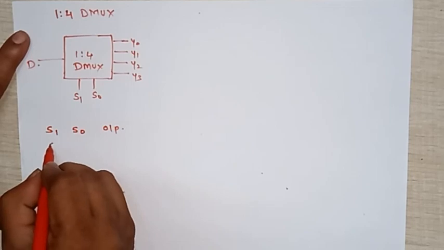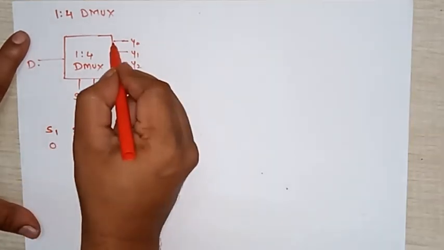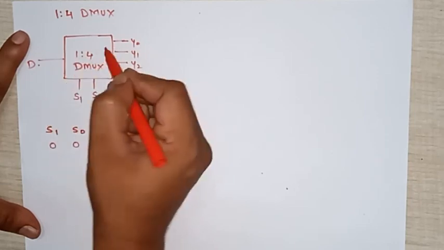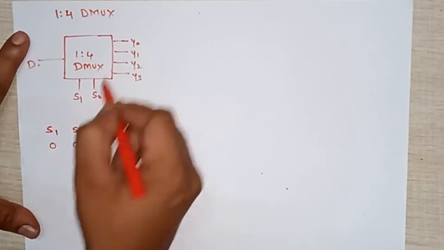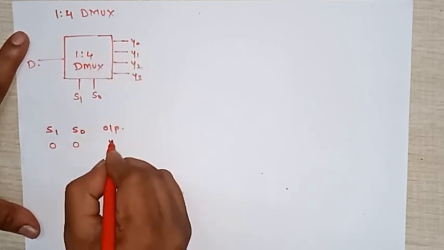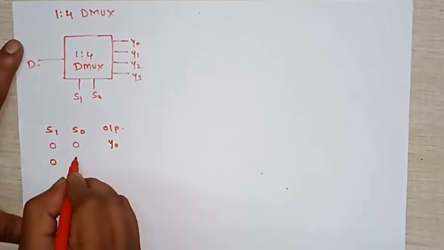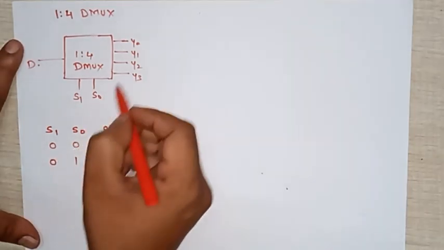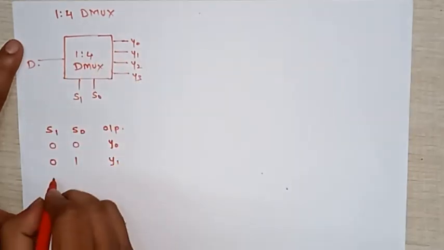So when the select lines are 0 0, then Y0 is connected to D, so the output is Y0, it is active. For 0 1, Y1 is connected to D, so here the output is Y1.